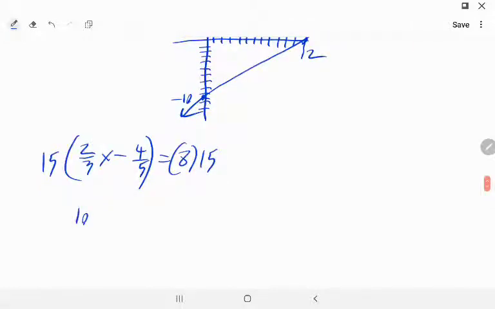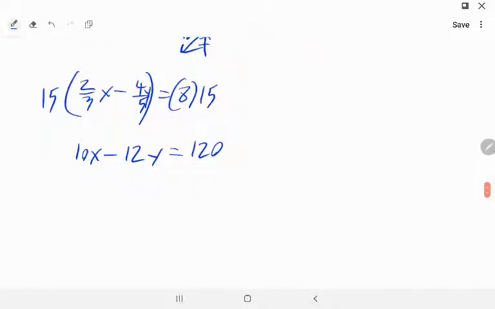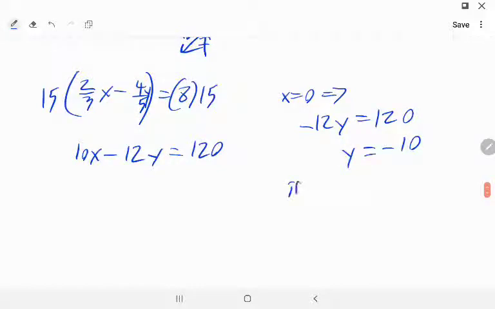So we wind up getting 10x minus 12y equals 120, and then we notice that this gives us slightly bigger numbers, but now we can say x equals 0 tells us that negative 12y equals 120, so y is negative 10, and if y equals 0, then we get 10x equals 120, and so x is 12.